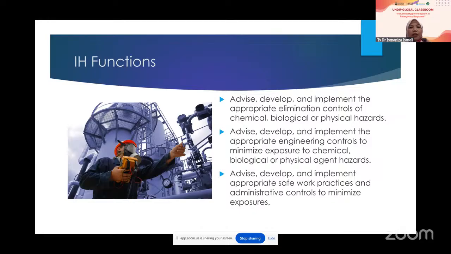And then only you substitute, you isolate, and so on. And lastly is PPE. So if there is no hazard, there may be no exposure. No hazard, no exposure, no problem. However, this is just a dream. It is not always possible.